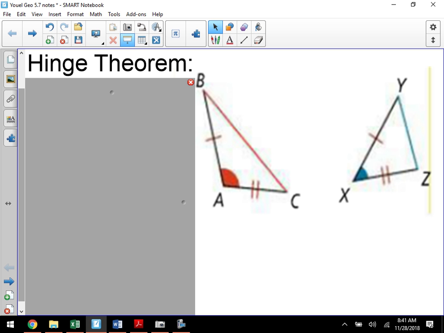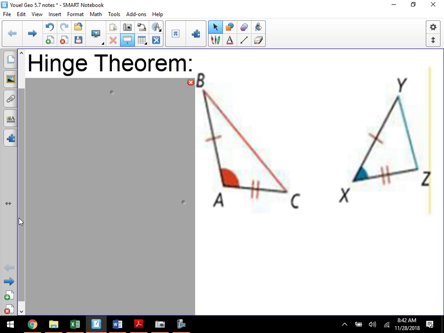It's the idea that when you have two triangles with two congruent side lengths, which is completely possible and can happen all the time, the third side is always longer across from the bigger of the two angles.